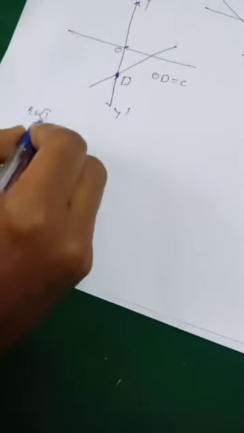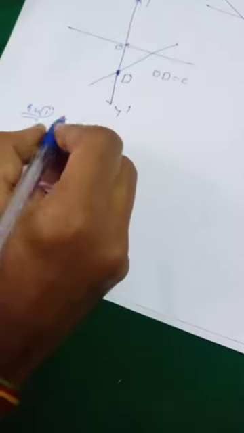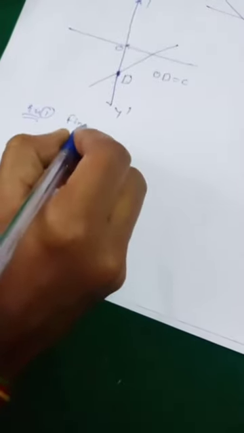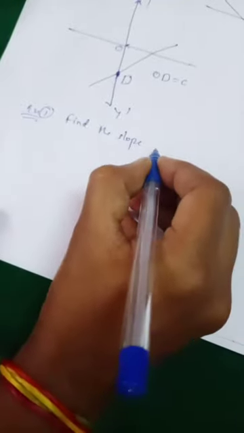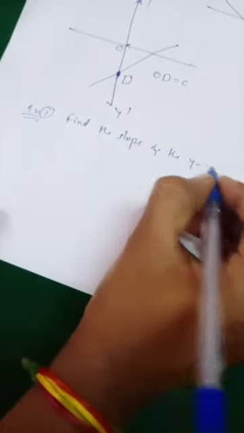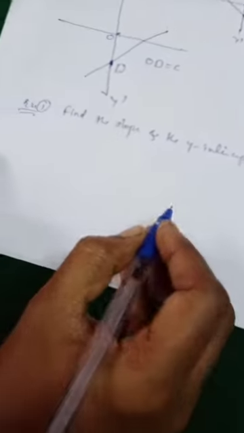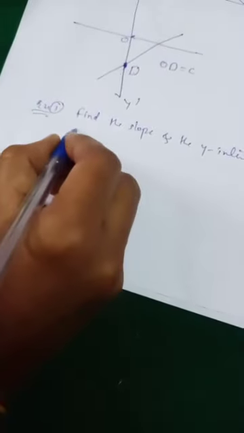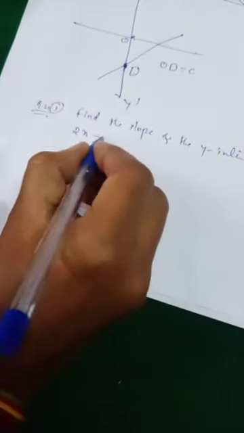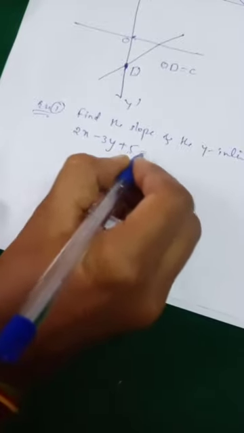I'll take example one here. Find the slope and the y-intercept of the equation 2x minus 3y plus 5 is equal to 0.